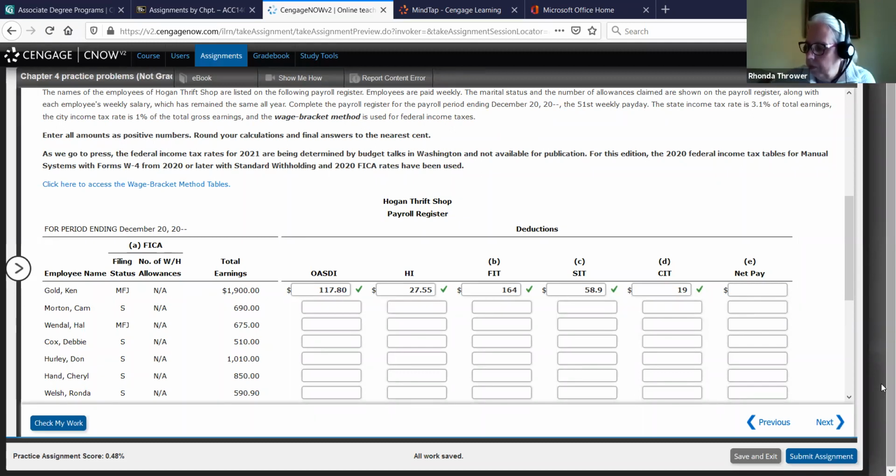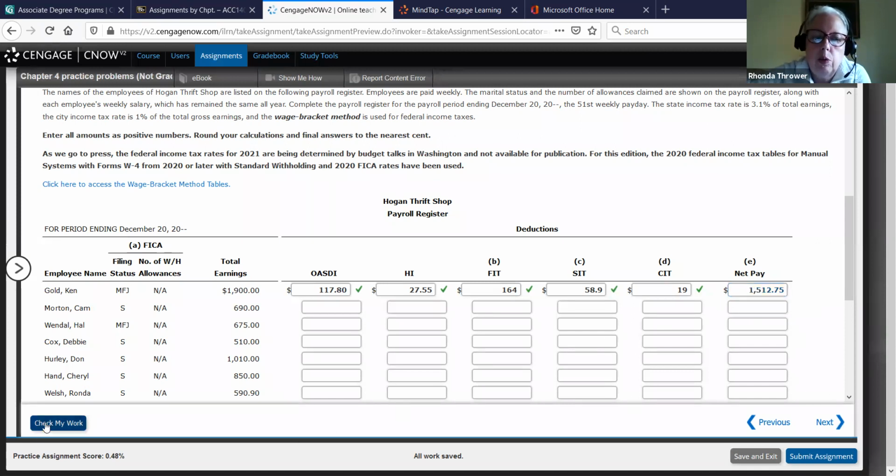So 1,900 minus $117.80 minus $27.55 minus $164 minus $58.90 minus $19 gives you a net pay in the amount of $1,512.75.